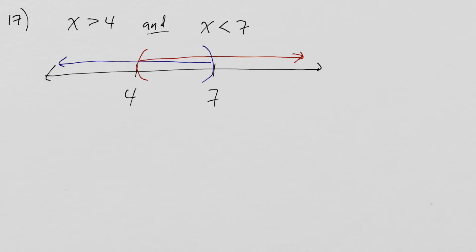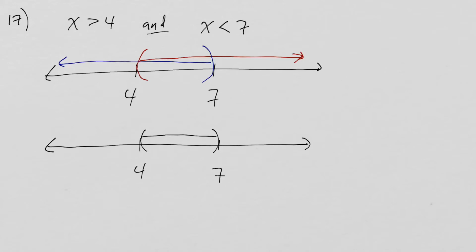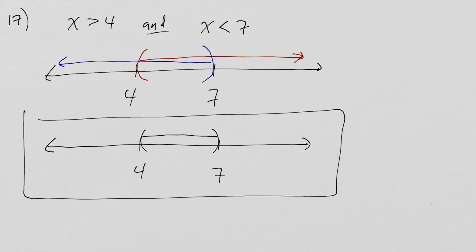And we only want to include the portions that they share in common because it's an and. So I'm going to clean this graph up because I cannot have those lines running where they shouldn't be. I'm just going to have this. Only the portion that they have in common, and that's my answer there.